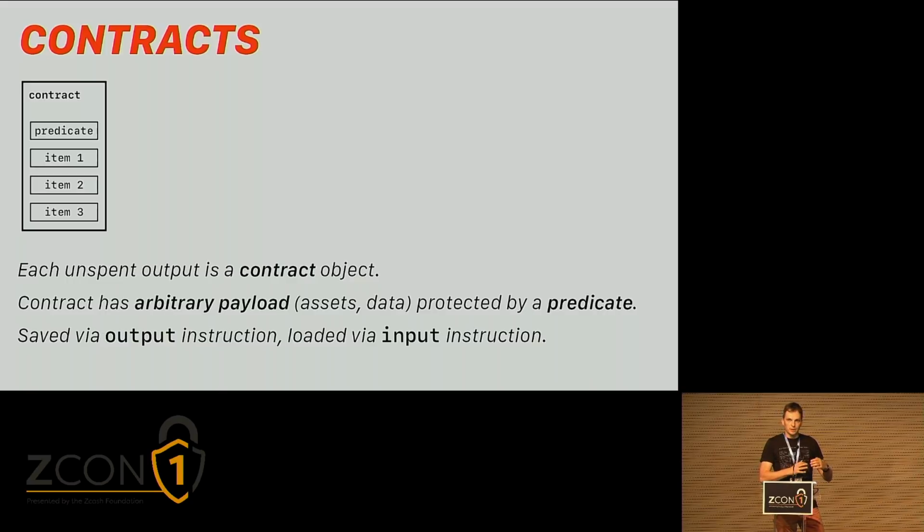And these items are protected by something we call a predicate. And also the contract is actually this thing that is a UTXO in the UTXO set. It's a frozen contract. So when you have an input instruction, you actually claim that some output, some contract, exists. And when you have an output instruction, then you freeze this contract in the UTXO set.